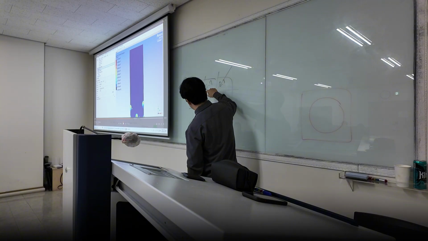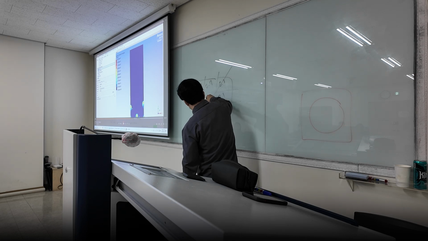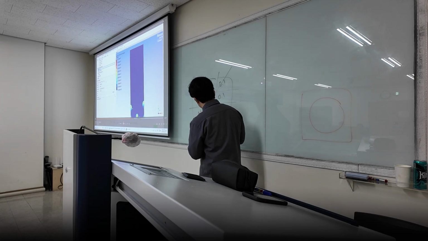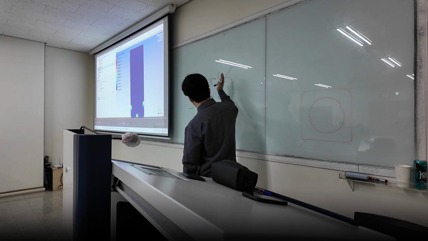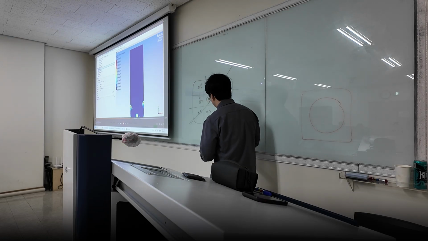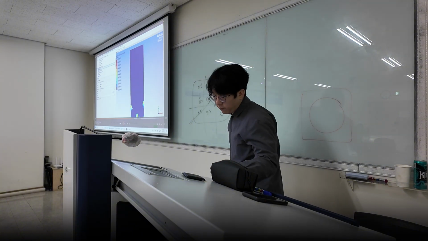And then at each point, the normal vector of this interface has to align with the direction of this interface. So this is how we reconstruct the liquid vapor interface from these volume of fluid values given.